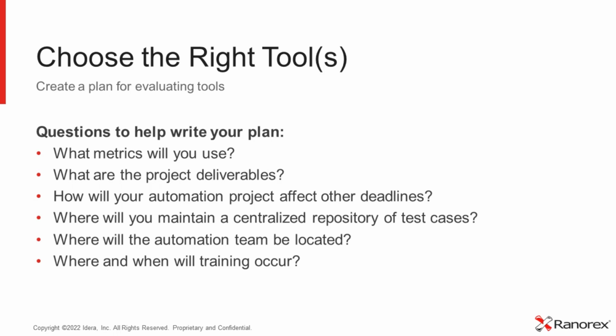So now that you've set some goals for your automation project, you need to choose some tools for evaluating. Identify what tools you want to evaluate, and you want to evaluate more than one. You want to do a few. Before you start choosing your tools, create a plan.